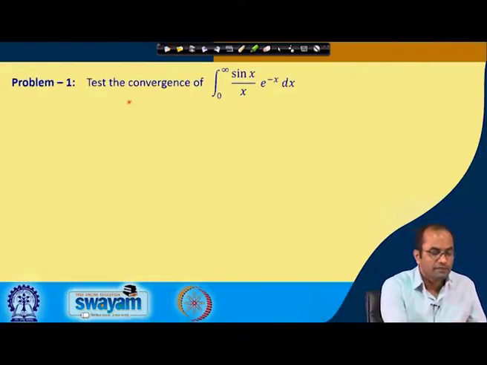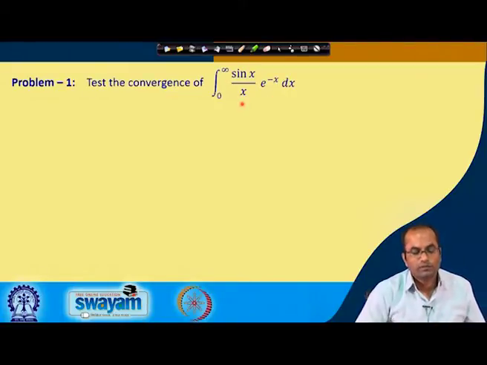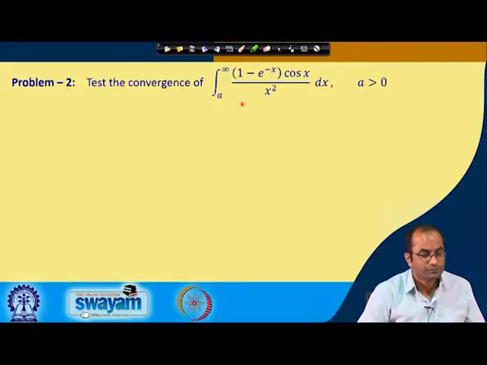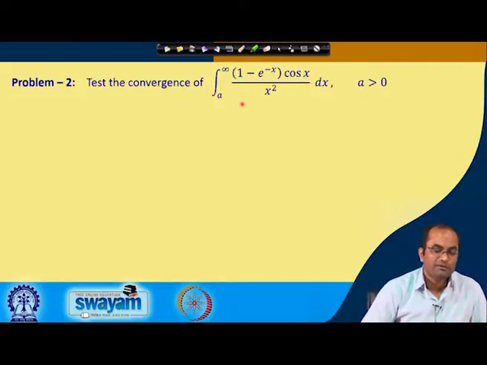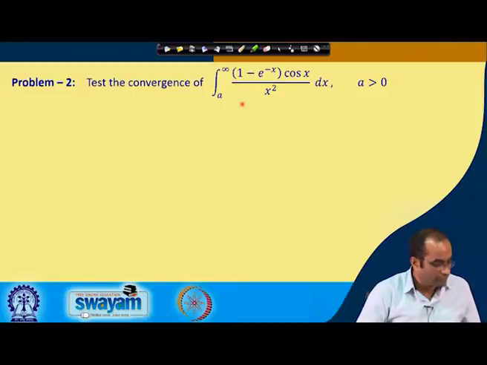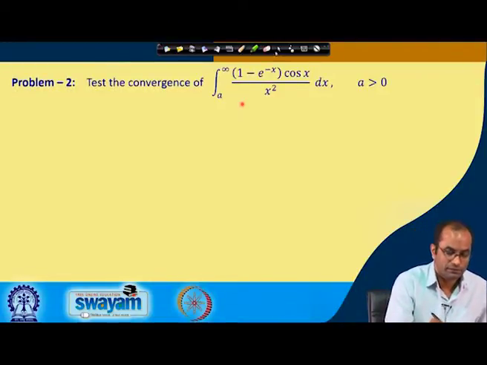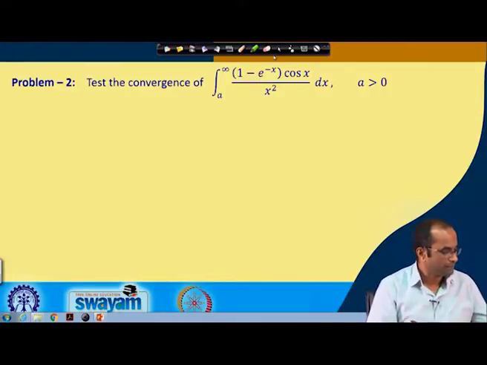Another of a similar kind, we can test the convergence of the integral from 0 to infinity of sin x over x times e to the power minus x, for any positive value of a. What we will do is prove this again easily.